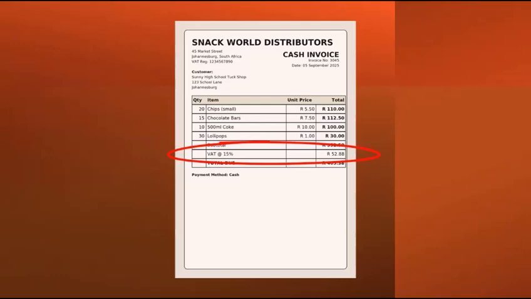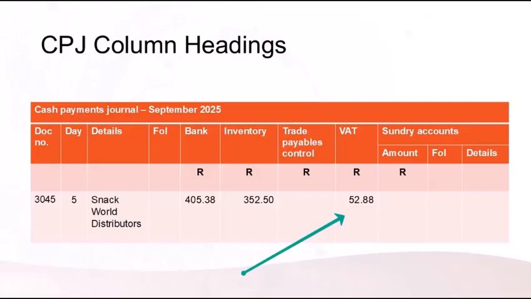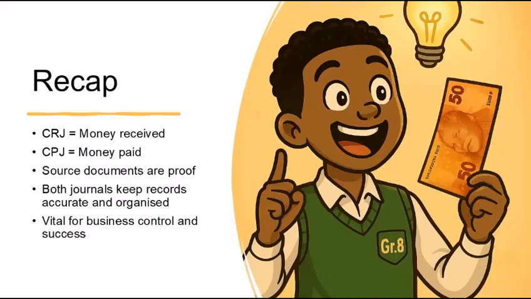So let's go and record our value added tax in the VAT column. So in our VAT column, we record 52 Rand and 88 cents. And that's it. We recorded the transaction in our cash payments journal. Let's quickly recap. The cash receipts journal records all money received, so the inflows.